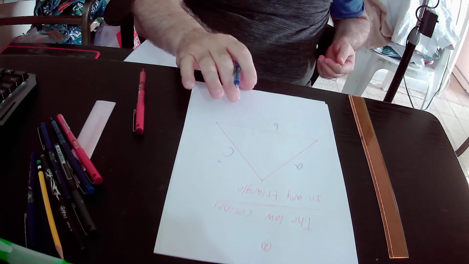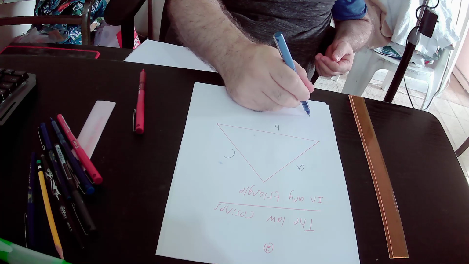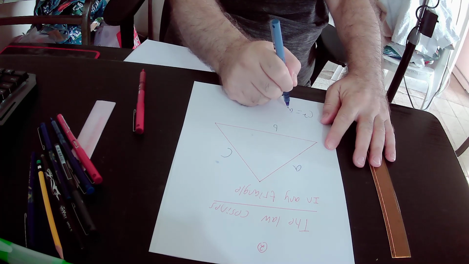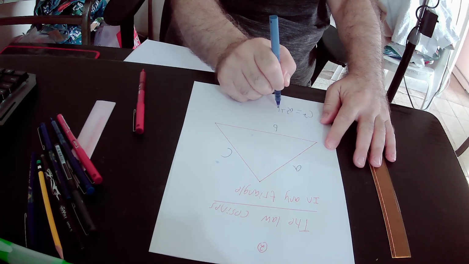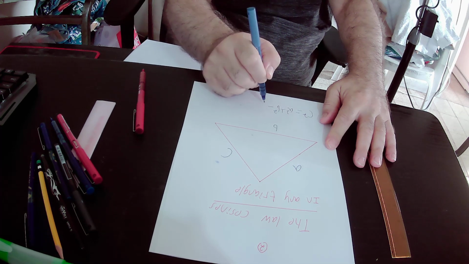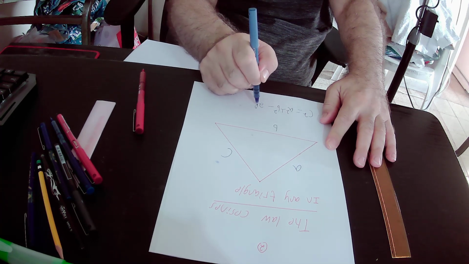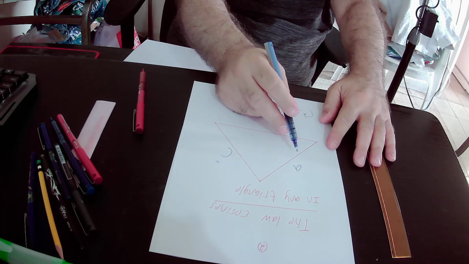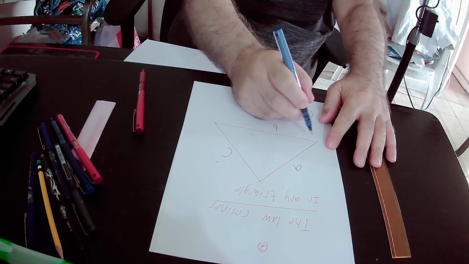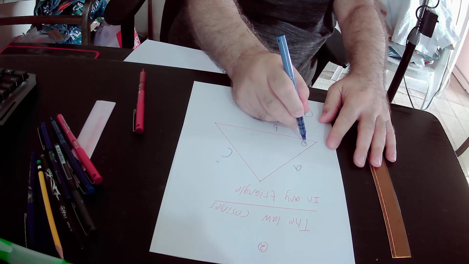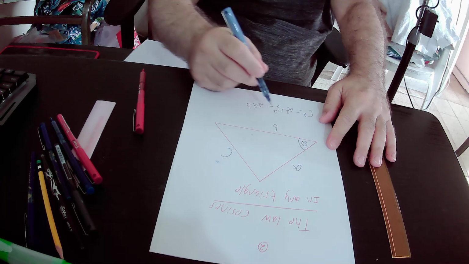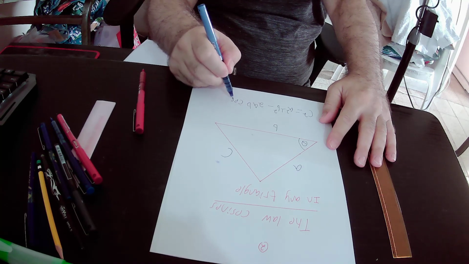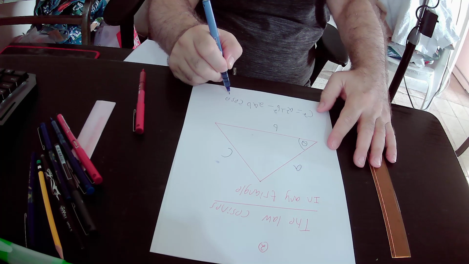we can say that C squared equals A squared plus B squared minus 2 times AB, and if the angle between A and B is theta, it is minus 2AB cosine theta.